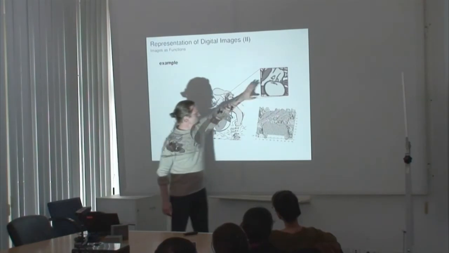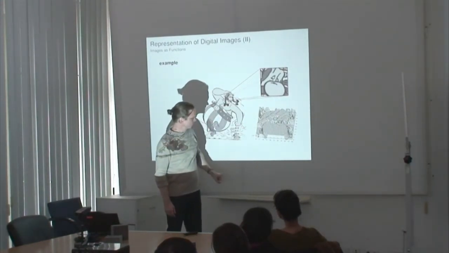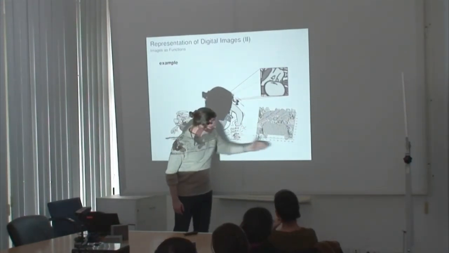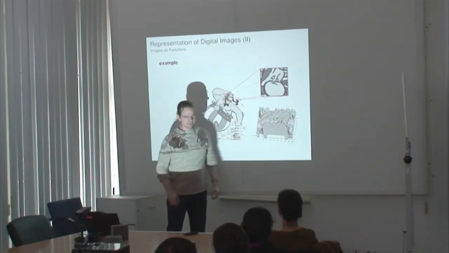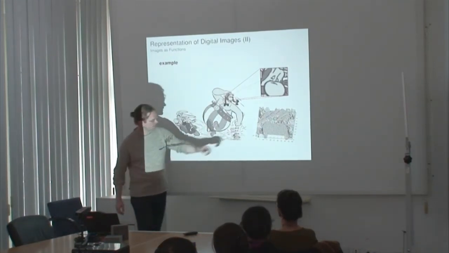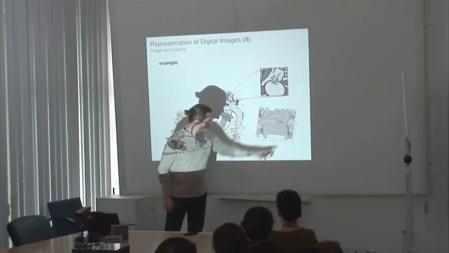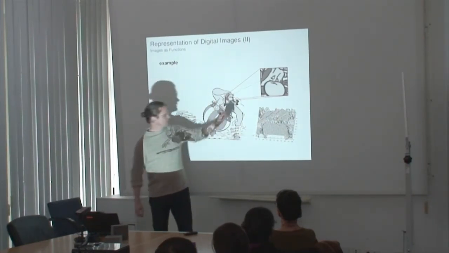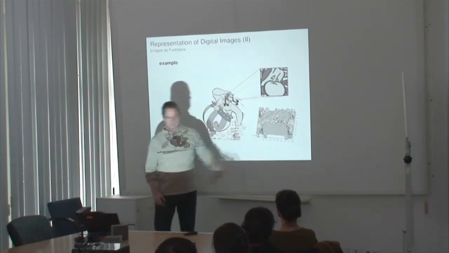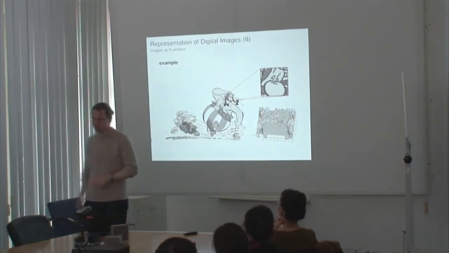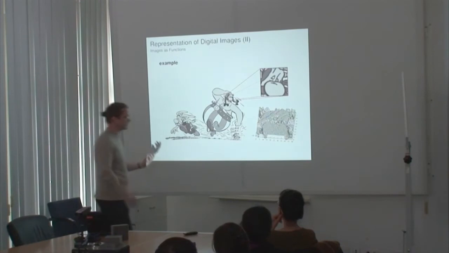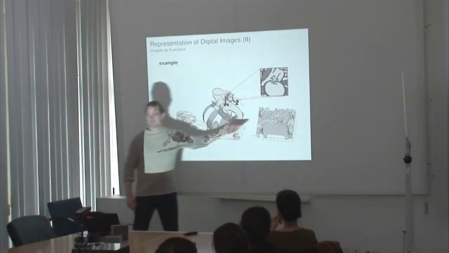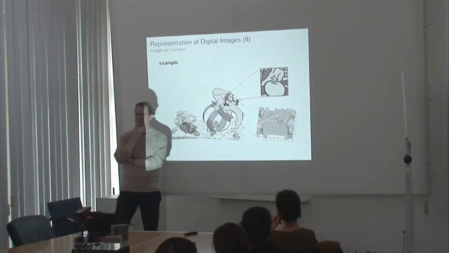But if we plot this as a function, where we have the columns and the rows, and then for every index here, say 5 and 5, we record the corresponding intensity value as a function value at that point, and then plot the whole function, we would see this. Can you see that this makes sense?